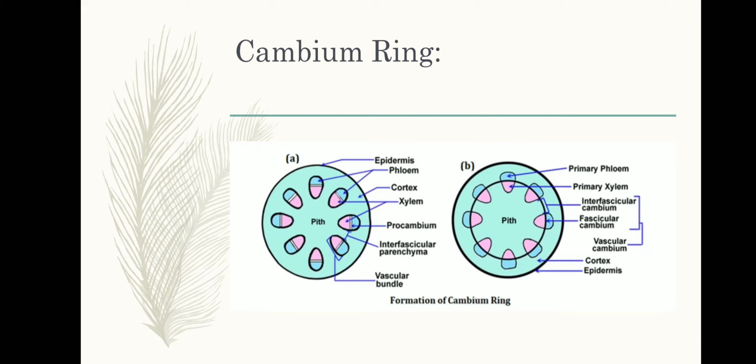This secondary growth is the result of vascular cambium and the cork cambium present in the plants, and collectively vascular cambium plus the cork cambium is called the lateral meristem.